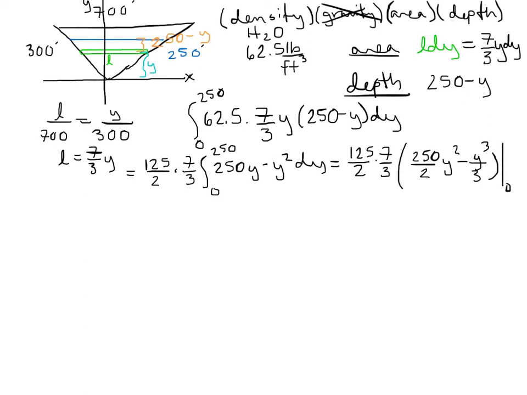I've got to evaluate from 0 to 250. So plug in 250, so I'd get 250 times 250 squared, well that's 250 cubed, over 2, minus 250 cubed, over 3.